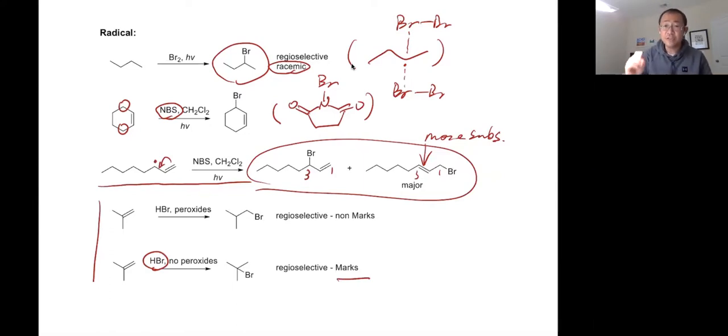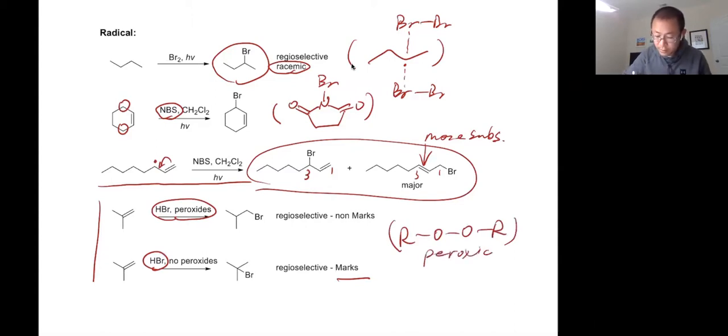But if I treat the alkene with HBr and add peroxide, which has a structure like this, then the reaction will go through a radical mechanism.